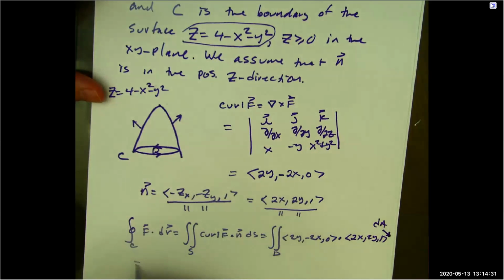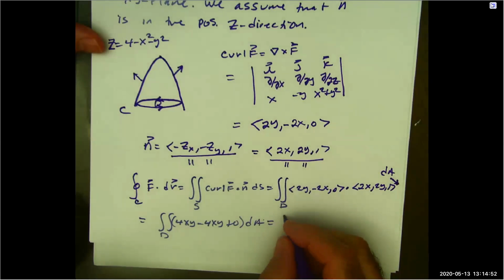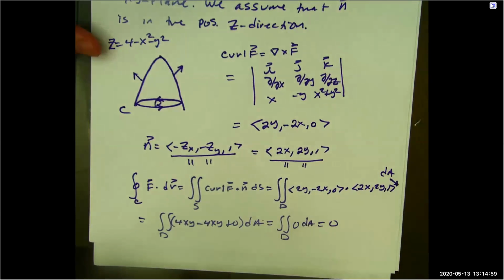And so what you end up with is a 4xy minus 4xy and then plus 0. And so we're just integrating 0, which is equal to 0. And so in this case, we get an answer of 0.